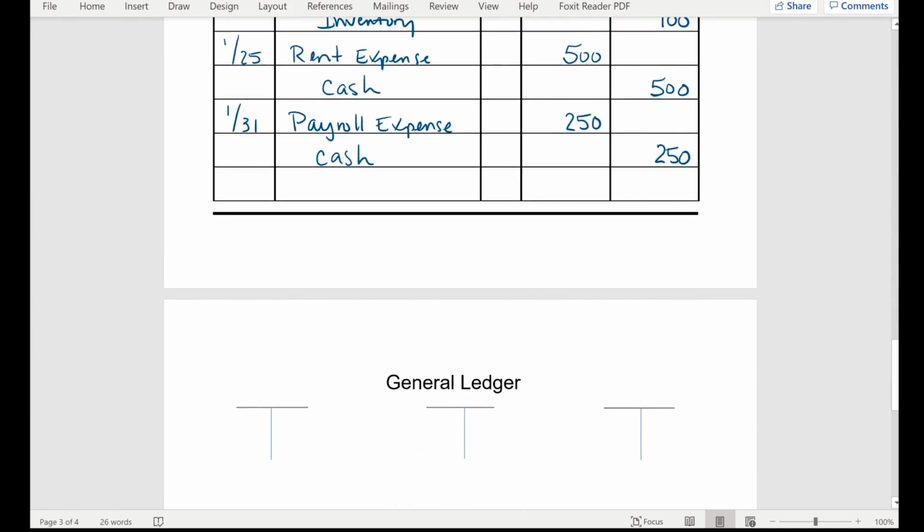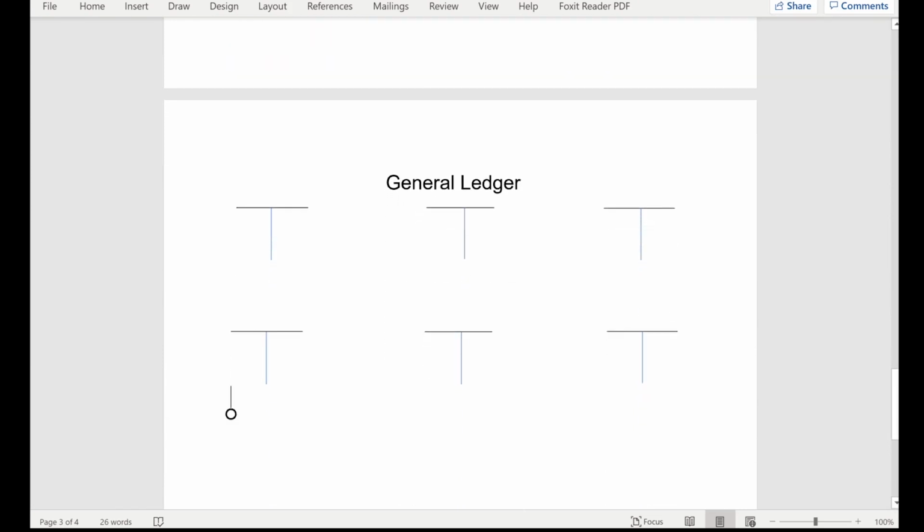Now we're going to go down and take a look at the T accounts like we did before with the balance sheet. And I'm going to add accounts receivable. And I'm going to number that 1100. And then I'm going to move to the product sales. I'm going to number that 4,000.